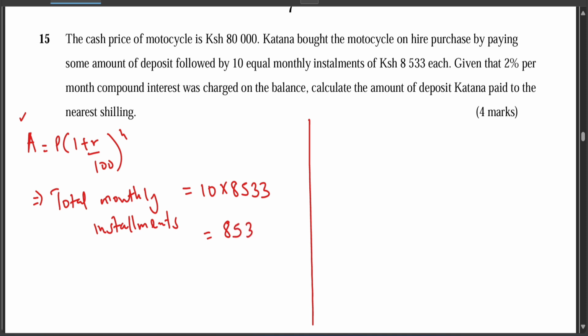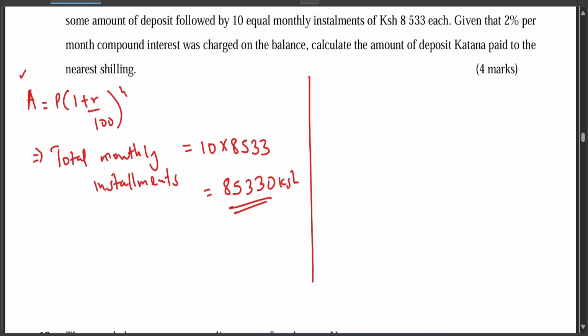So it gives you 85,330 Kenya shillings. So using this rule, which is P into bracket 1 plus R over 100 power n, our amount is basically 85,330. We don't know our principal, but we know that the principal is multiplied by 1 plus R over 100.